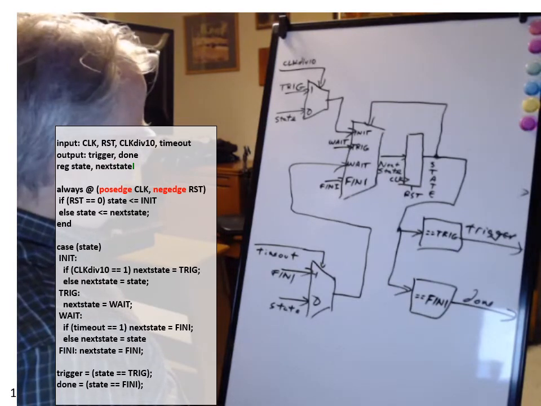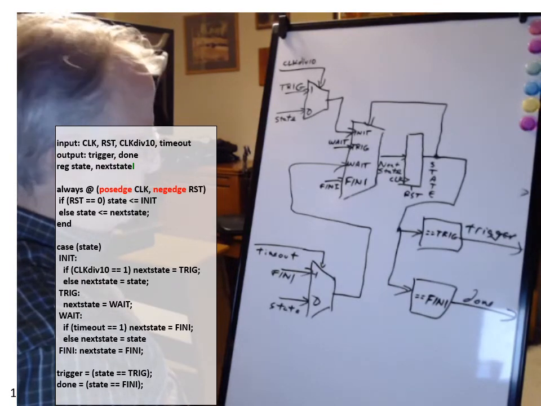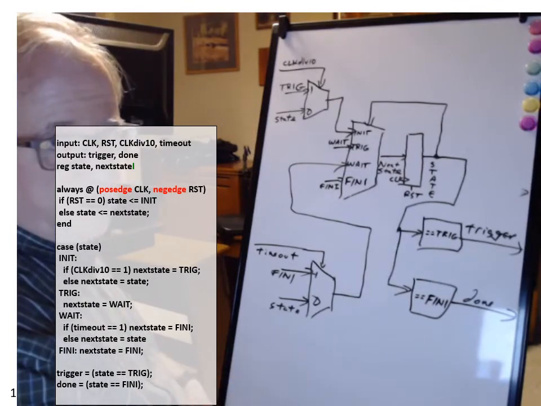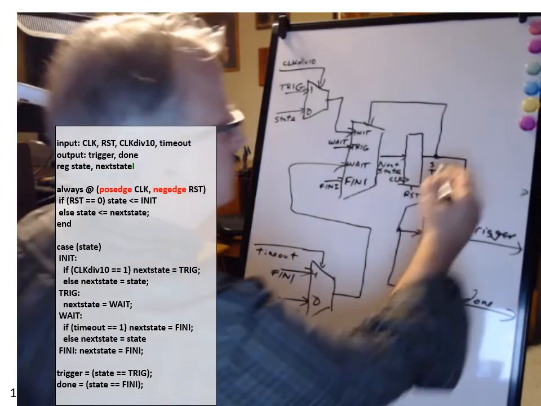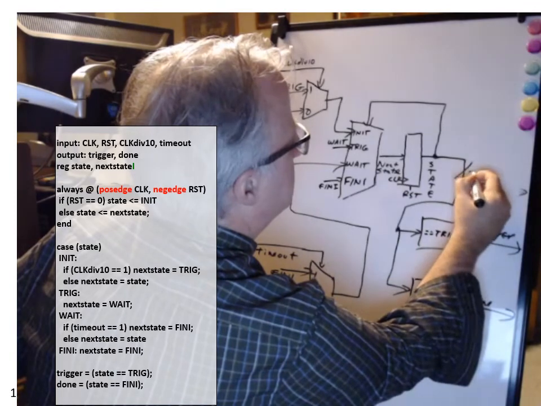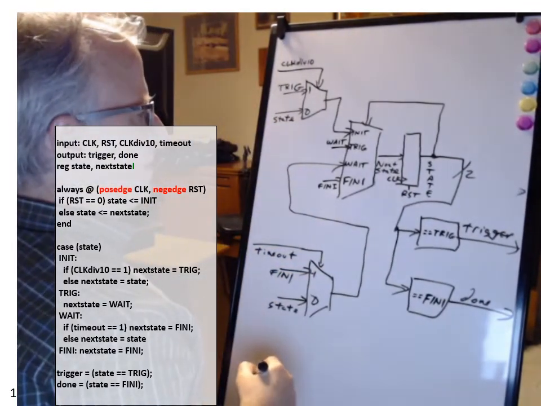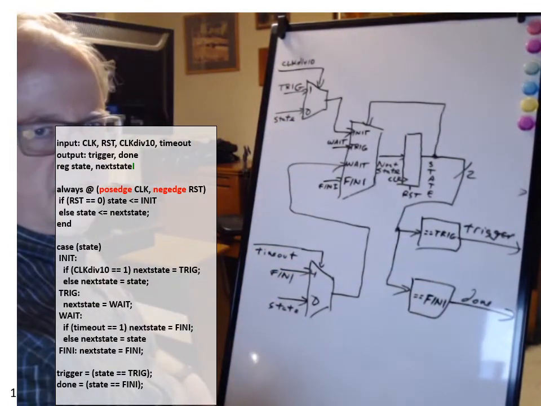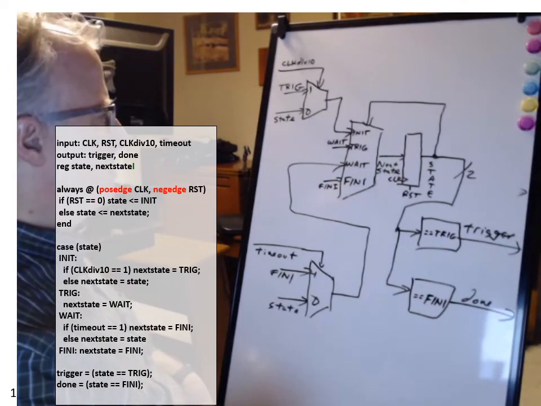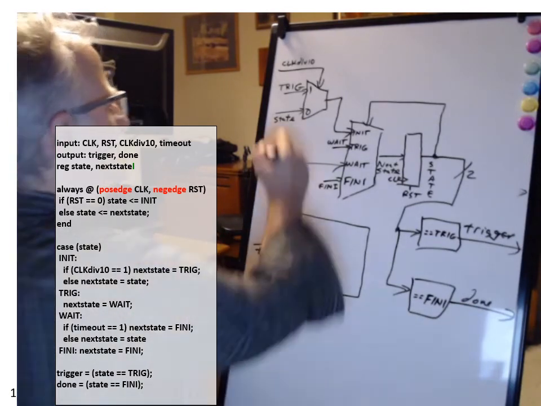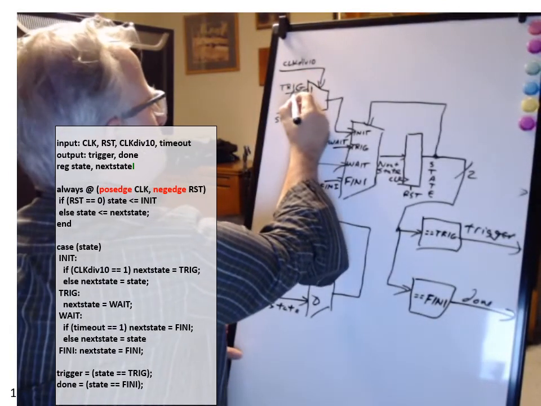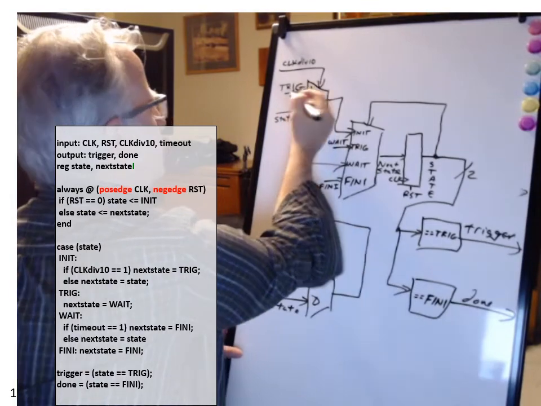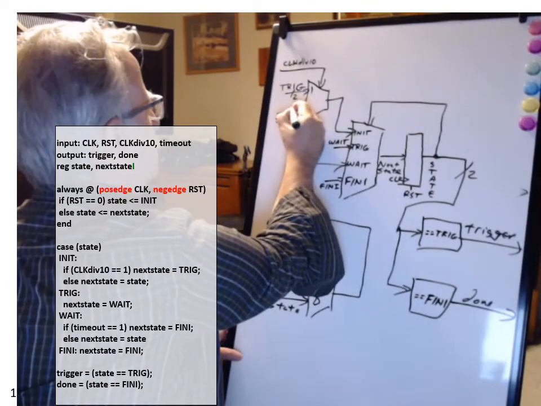One thing I omitted from here was the number of bits. We have 4 states that would take 2 bits to represent. And so the state signal is going to be 2 bits. But that also implies that all of these state codes are 2 bits. So trig is a 2-bit constant going into the mux.